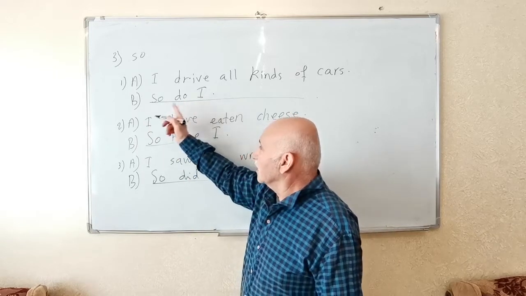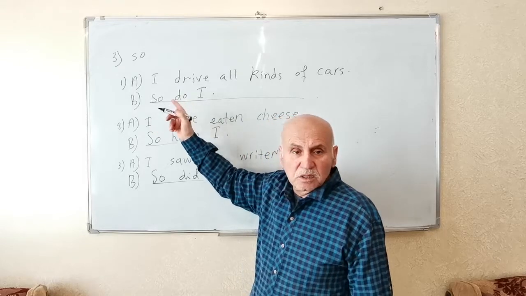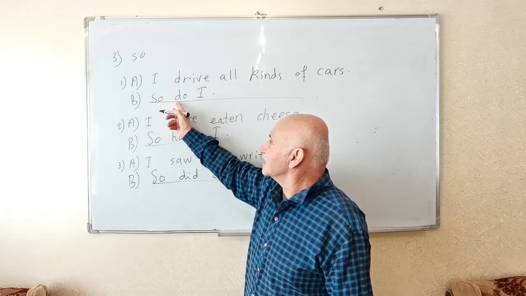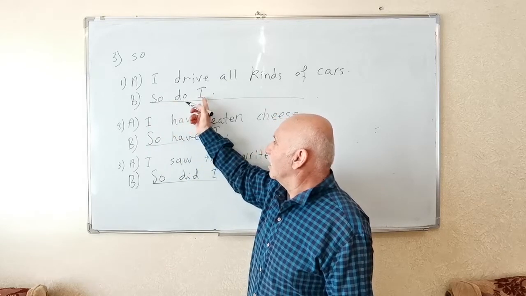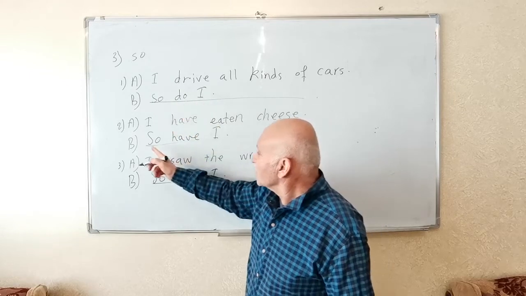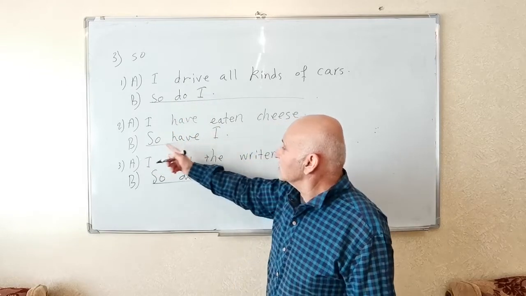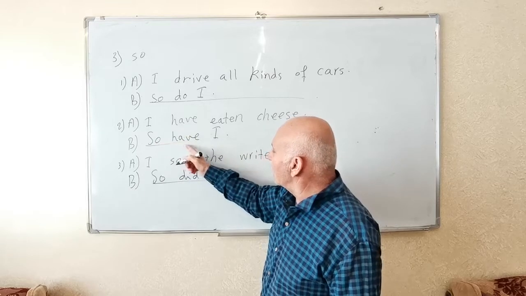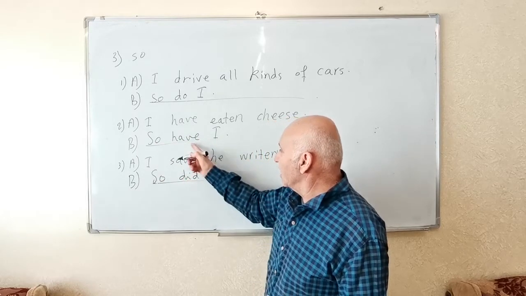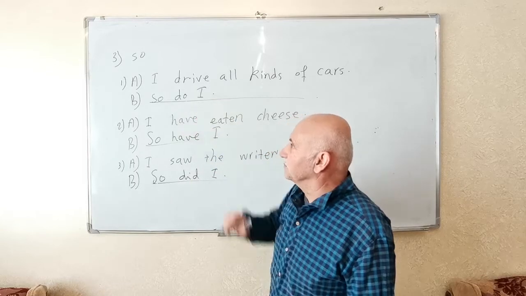So do I. I can't say so I do. Here so takes inversion. First of all the helping verb and then the subject. So have I, not so I have. So did I.